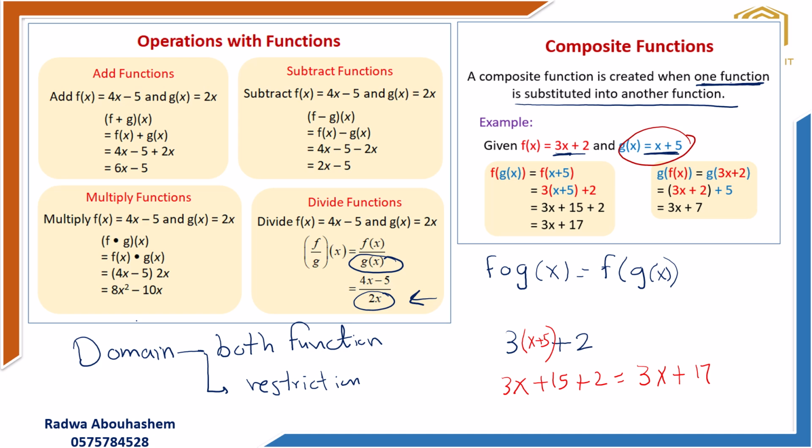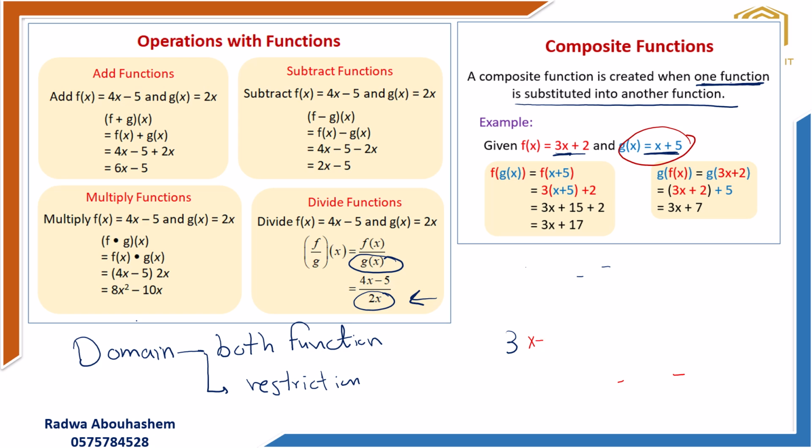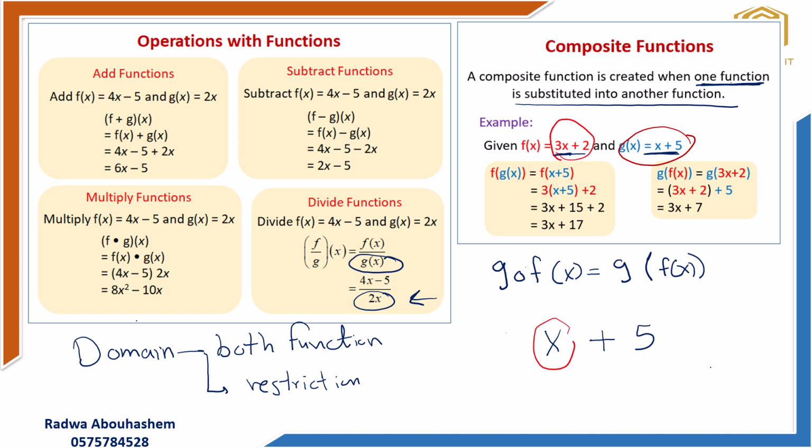Now, what if he's asking about g composite f? Let me try to do it with you. g composite f of x means he's asking you to substitute the function f of x inside the g. So it would be g of f of x. This means I'm going to start with the g. Here is the g: x plus 5. Now, instead of this x, I'm going to put all of the function f of x.